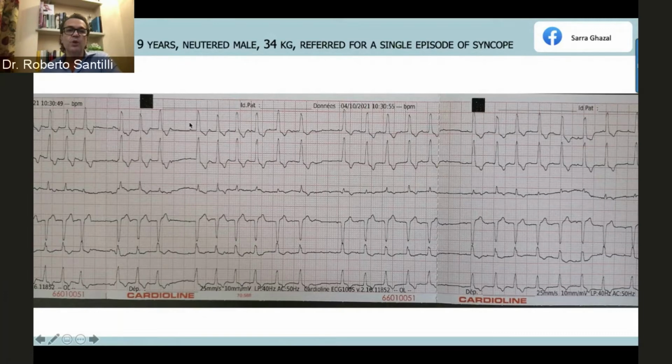And so when you have a wide QRS complex, the first thing to rule out is ventricular arrhythmia. So what you want to do is just check for atrioventricular association. And so we can start from here, and I see a P wave before the QRS complex. Then I see here another P wave, then another here, here, here.